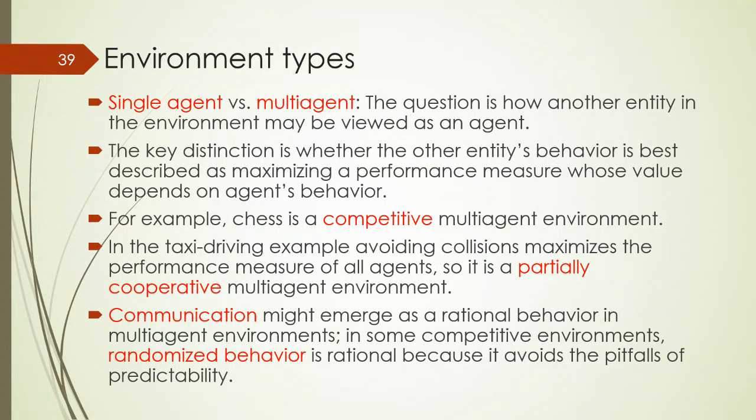So it is a partially cooperative multi-agent environment, because taxi drivers don't necessarily compete with others, okay? It's better for me and for them both to try to avoid collisions. So they are partially cooperative multi-agent.